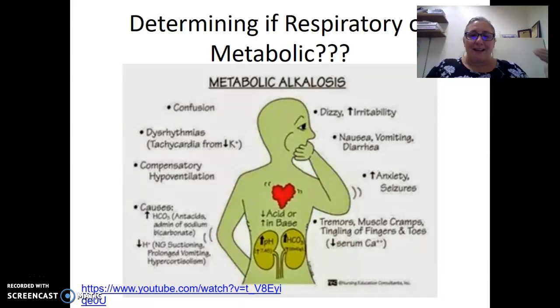And then here's metabolic alkalosis. This video here at the bottom is an RN NCLEX video, and it's called Compensation Tic-Tac-Toe Method. Look it up. It's really good.